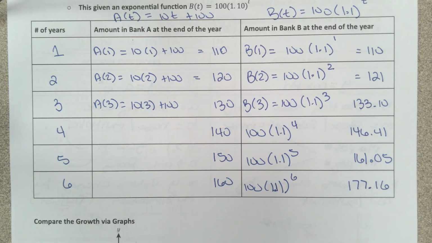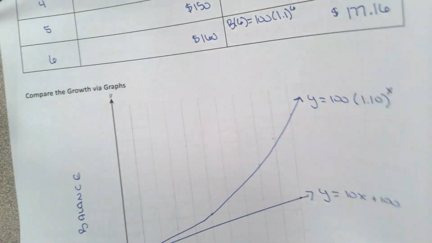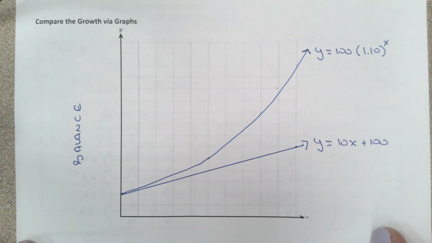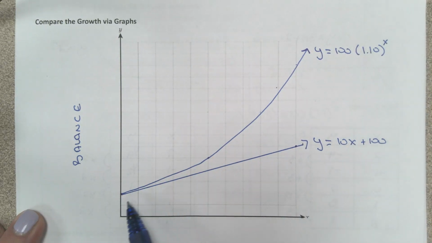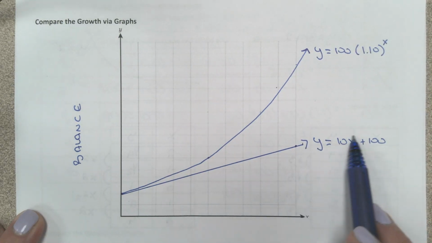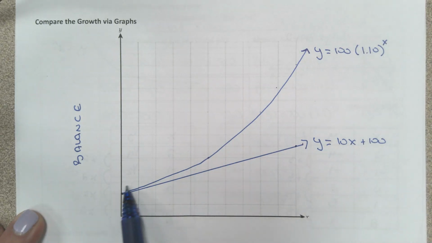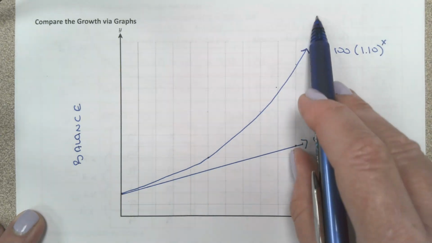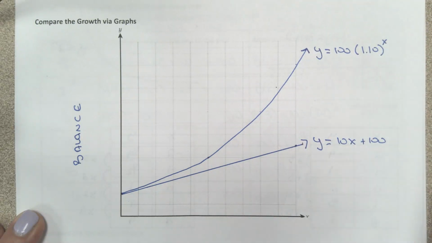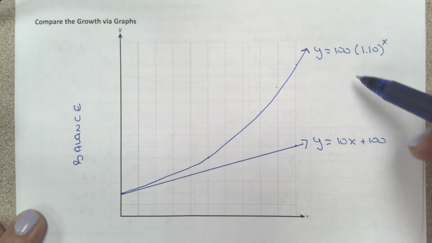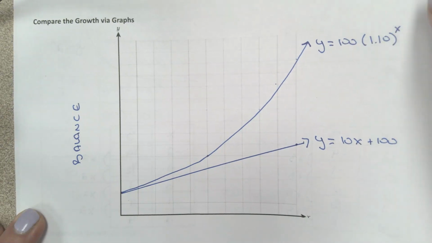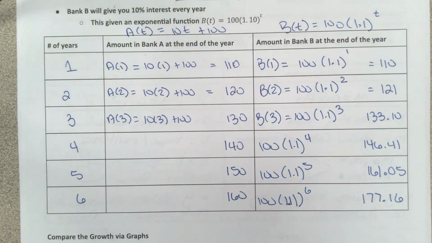If you were to compare that growth over time, I already did it, and this is what it would end up looking like. So your linear graph is going to grow consistently, but your exponential graph is going to grow exponentially, and this is what you want out of your account, to grow exponentially.